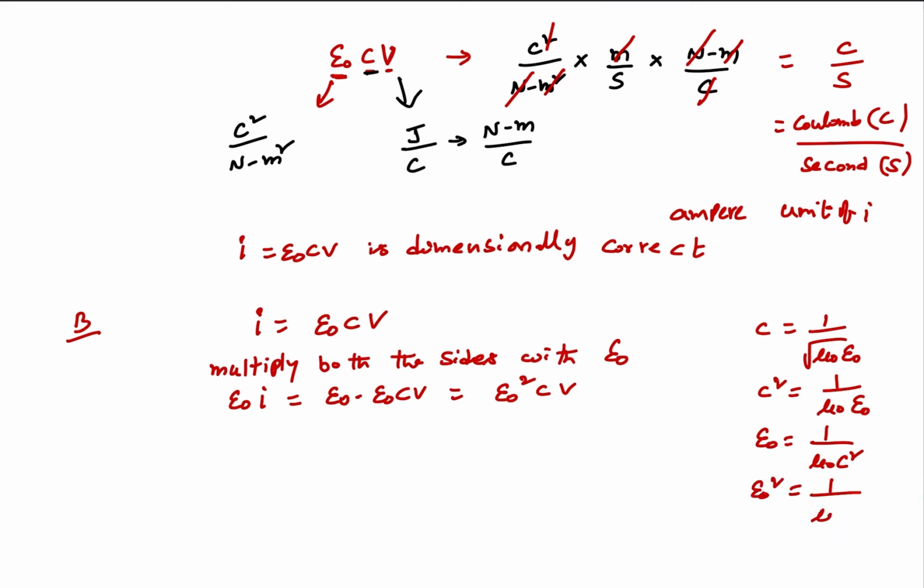So epsilon naught is equal to 1 by mu naught into C square.